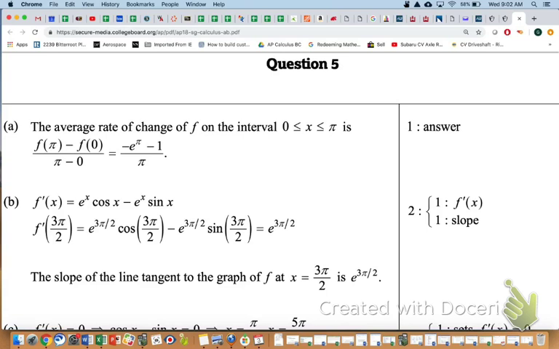Go ahead. So couldn't you do the, like, I did 1 over pi integral 0 to pi of F prime. Yeah, okay, so of F prime. Would you get this? I don't know, I didn't. You should, because to get F prime, you just differentiate F, and then you would know what the antiderivative of F prime was, right?